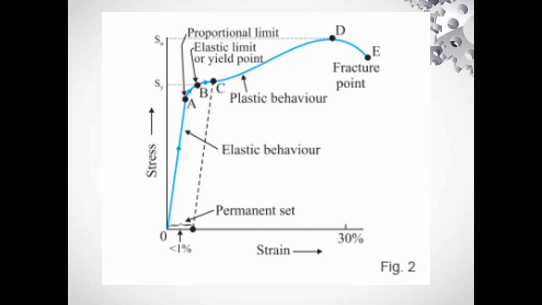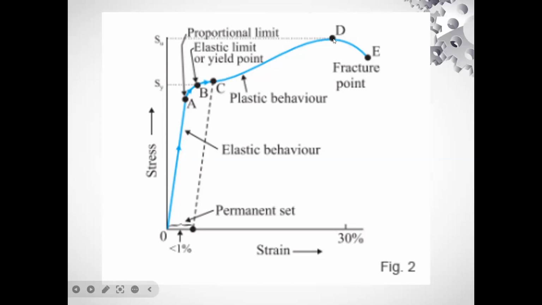Why? Because it is within the elastic limit. But after the elastic limit, it goes into plastic deformation. When you overcome that elastic limit by the application of your load, it may change its shape. This is the plastic deformation.